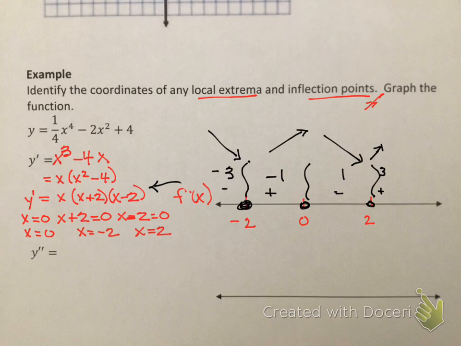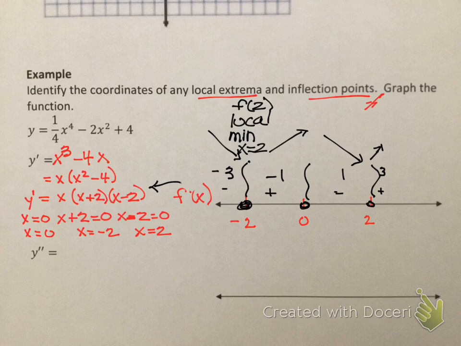However, this time, remember, I'm not showing you everything. I'm only showing you what the question is asking us for. So, local extrema, I can find that I have here a local min at x equals -2. To find the value, I would do f of -2.